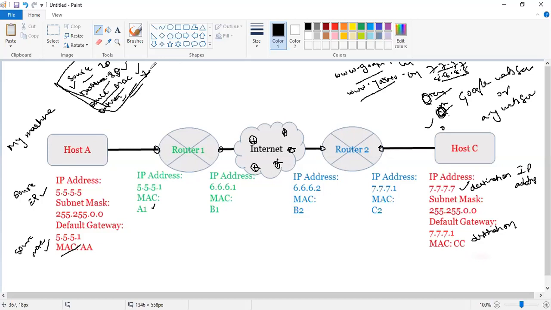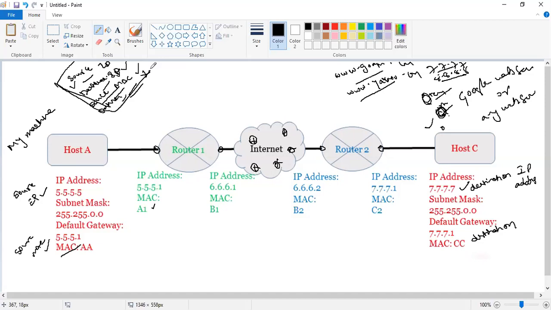For that we have something to know what my next hop is, because I don't know the destination MAC address. So to move to the next hop, we use MAC addresses. First, you have to go from your machine to your router.